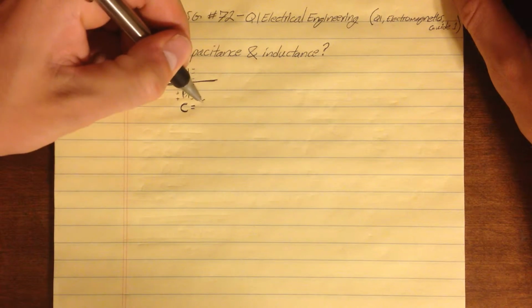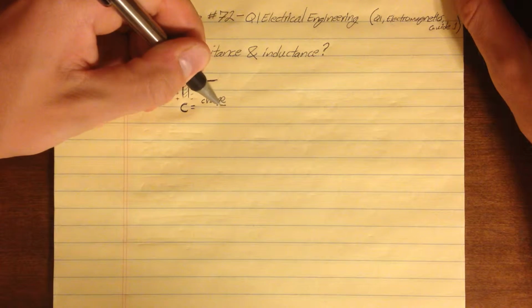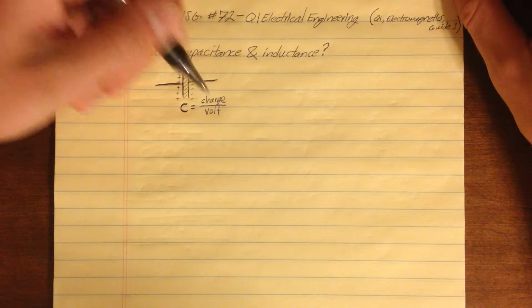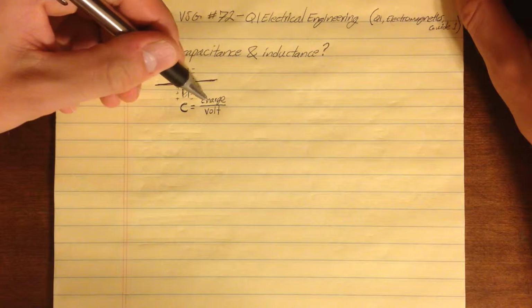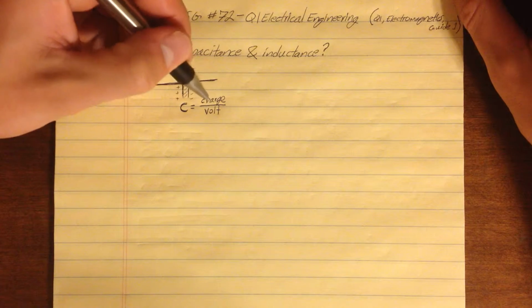It is just the ability of this capacitor to store a certain amount of charge for a given voltage. So capacitance is just charge per volt, and the units are coulombs per volt.